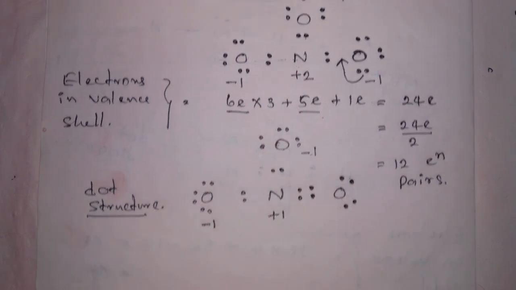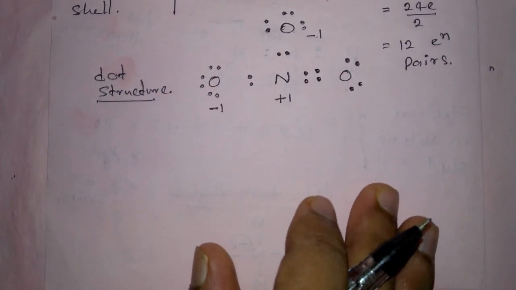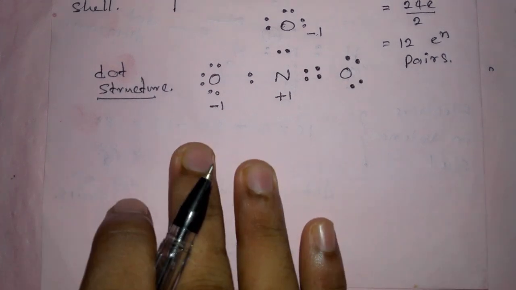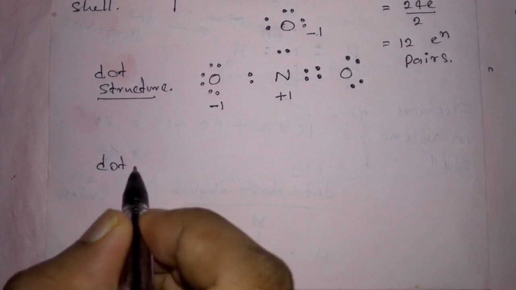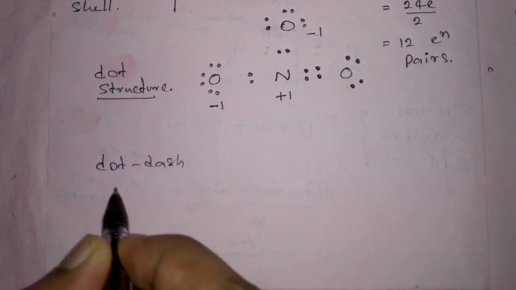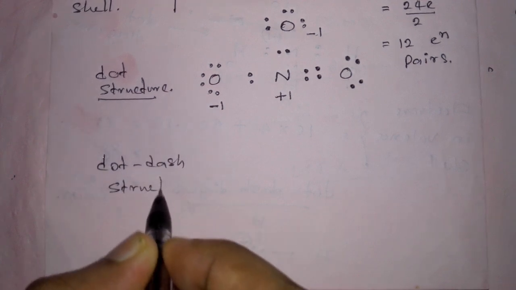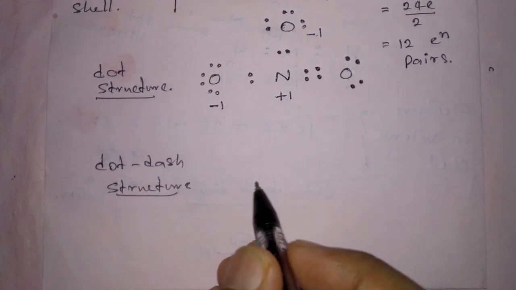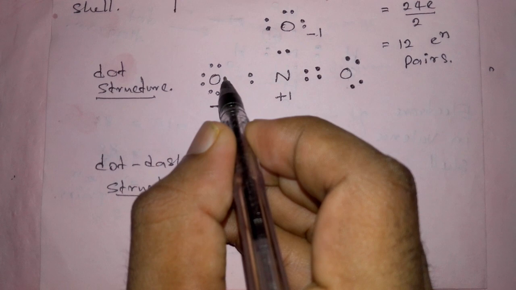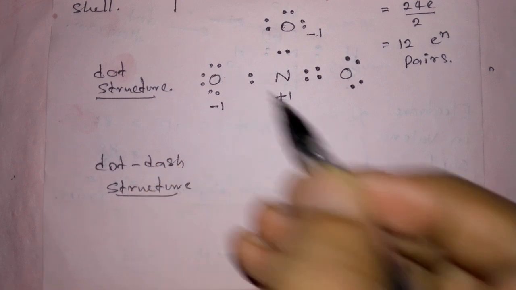We can draw Lewis dot dash structure by using this Lewis dot structure. Then we can convert this bond electron pairs into a small dash.